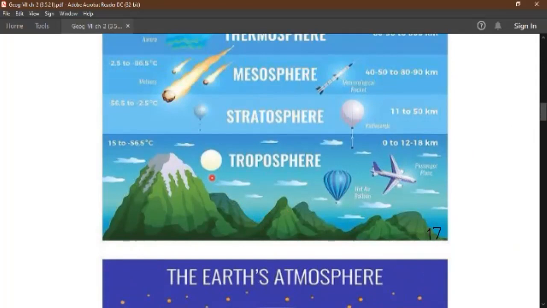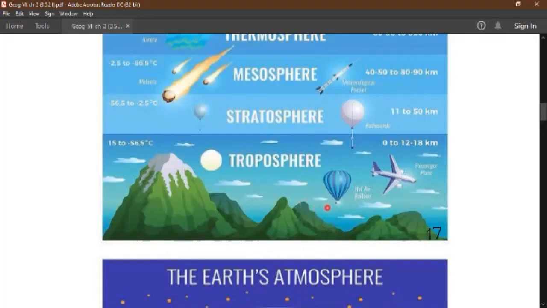Troposphere is heated more from below, meaning the Earth's radiation, than from above. Troposphere is the lowermost layer, so water vapor and dust particles are present here.